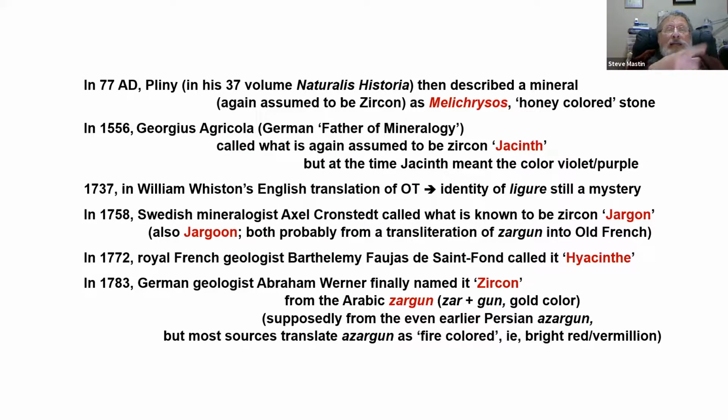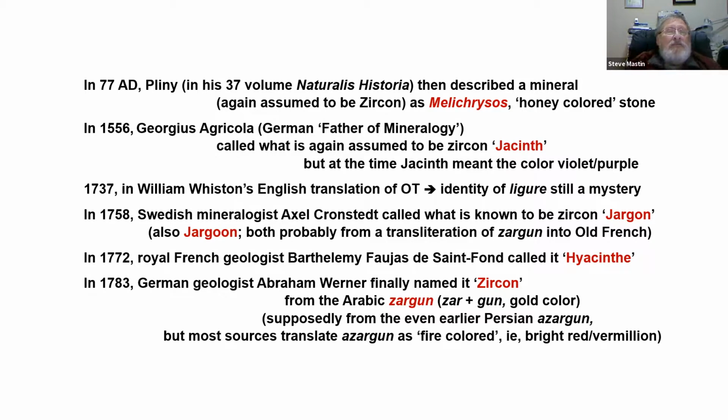And then later on, Pliny wrote a 37-volume natural history, and he described a mineral that was honey-colored as melachrysos. All right, and so that's another possibility for what zircon is.